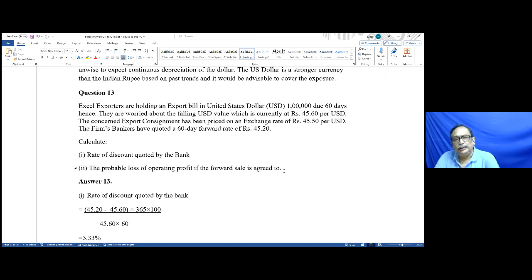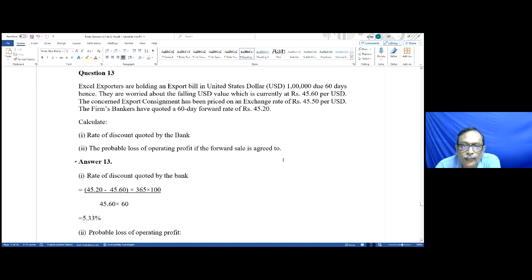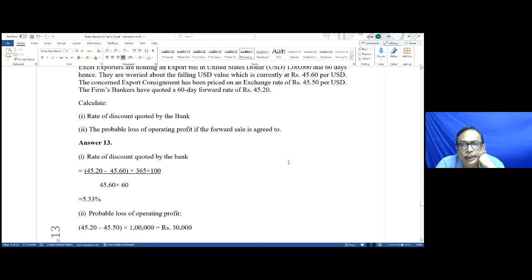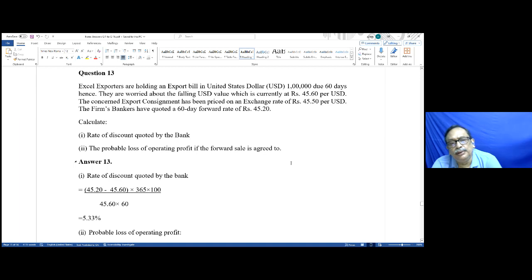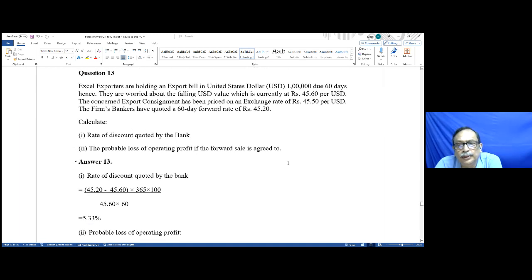Now, what is the question? Question is, calculate rate of discount quoted by the bank, and the probable loss of operating profit if the forward sale is agreed to. So definitely we are going to take the difference between the two rates, that is 45.20.